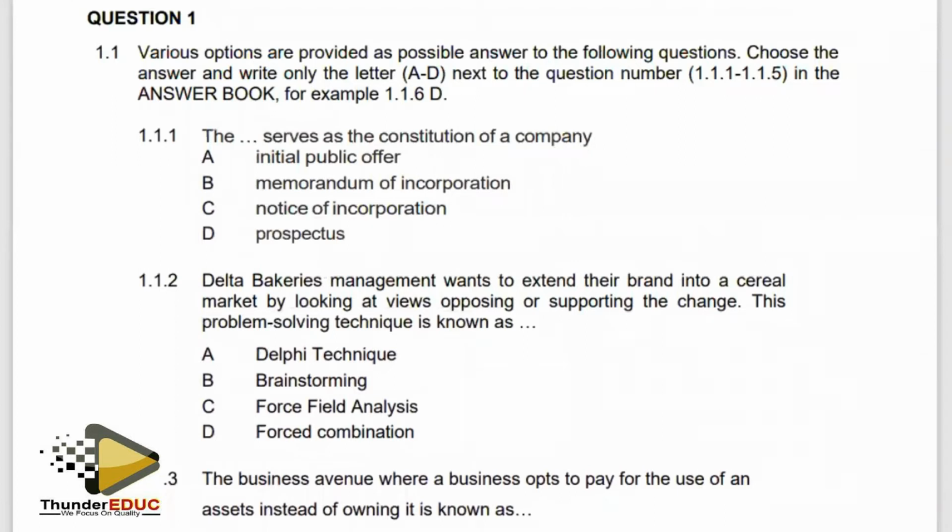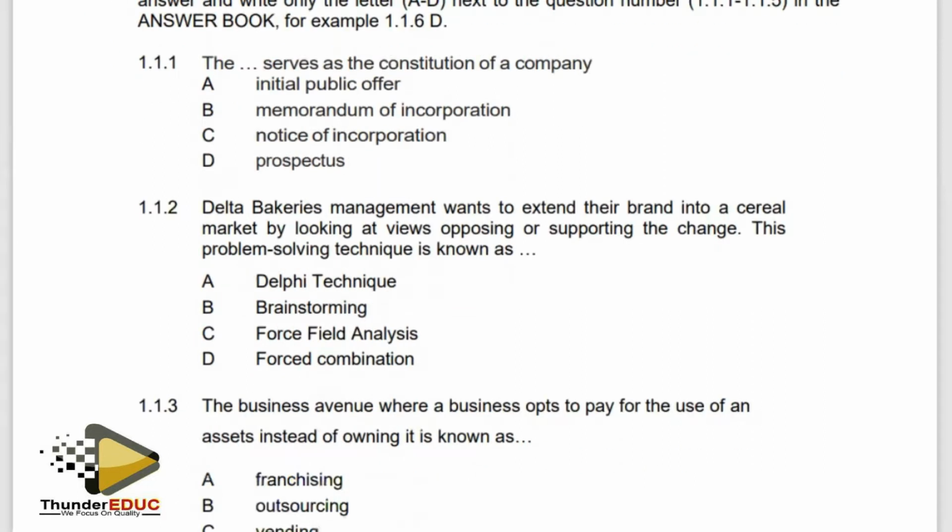Majority of us don't read questions fully, and we always make a lot of mistakes. It is very important for us to first read the question, understand what the examiner wants from us, and then we look at the alternatives before we choose the most appropriate answer from the alternatives given.